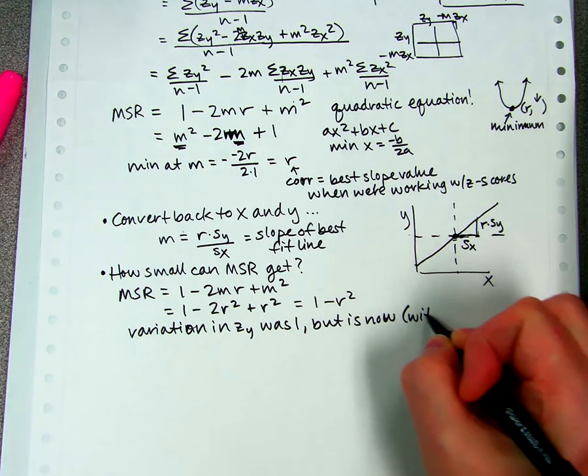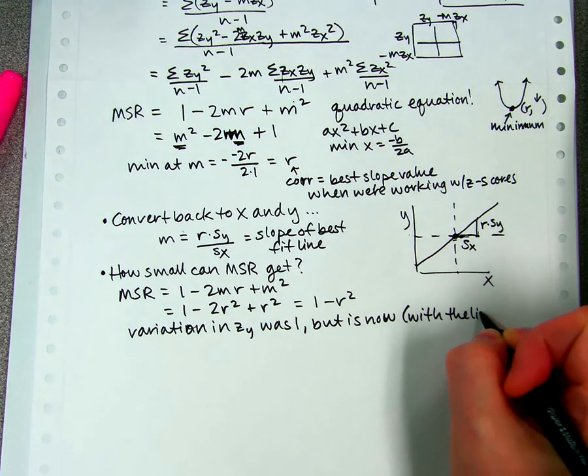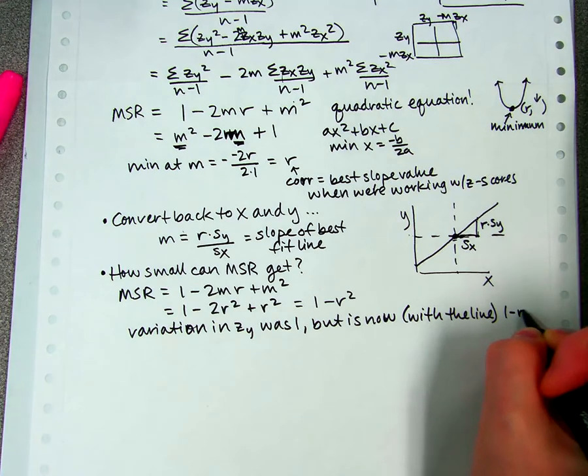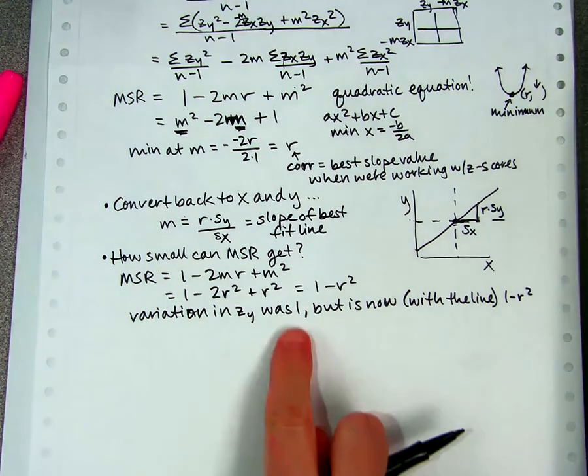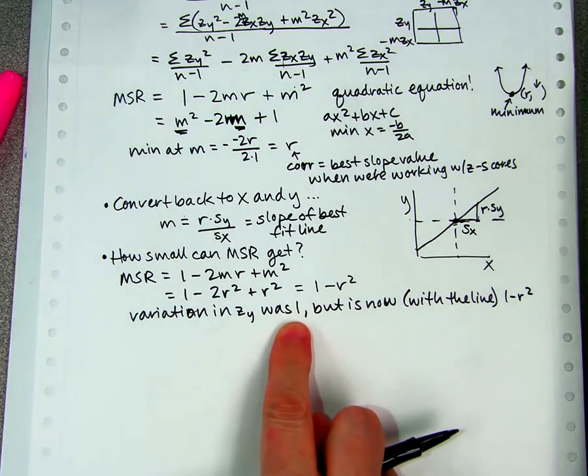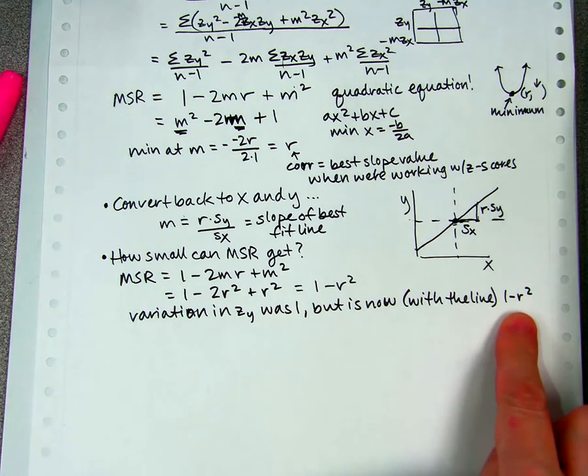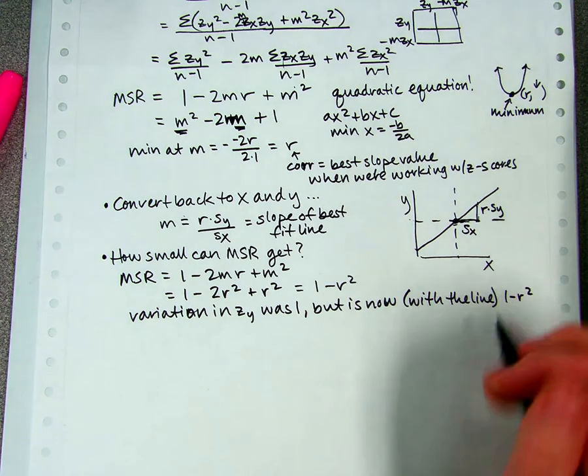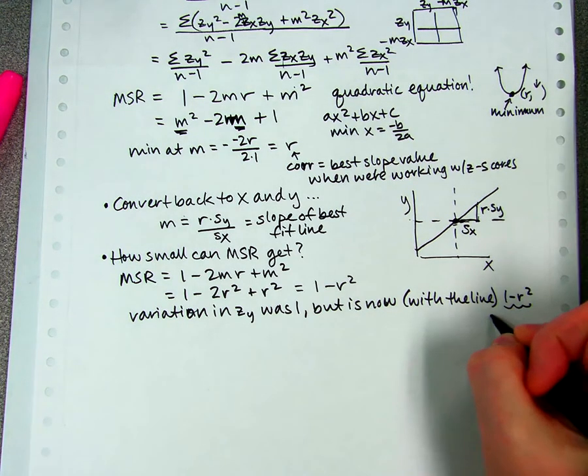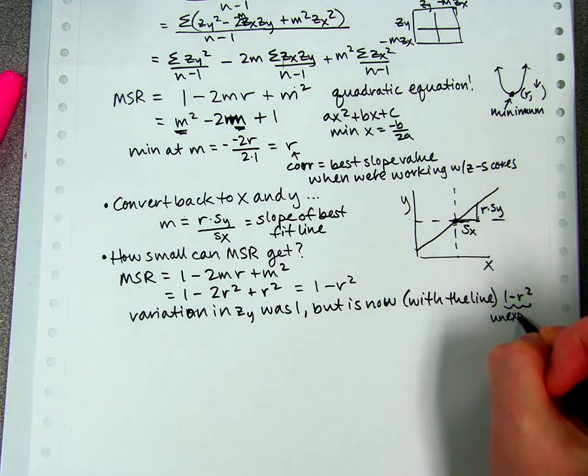With the line, it's 1 minus r squared. What does that mean? We had 100% variation, and we reduced the variation, or the unpredicted variation, I should say. We reduced it to 1 minus r squared. 1 minus r squared is the unexplained piece of the variation.